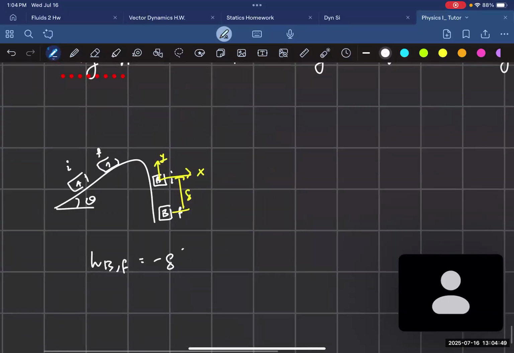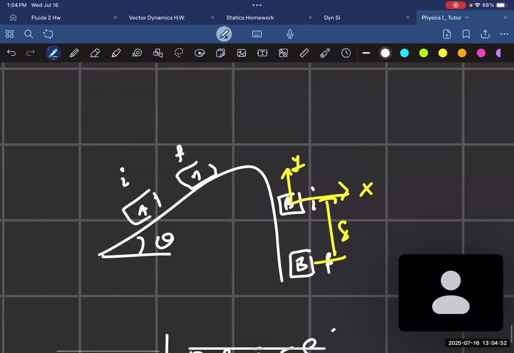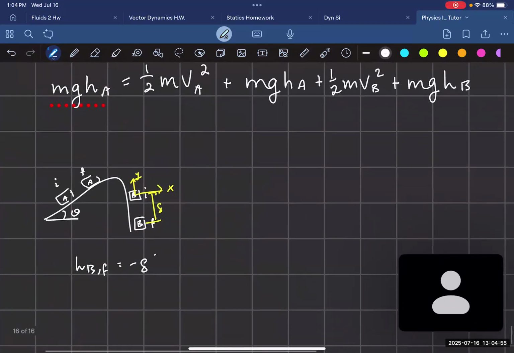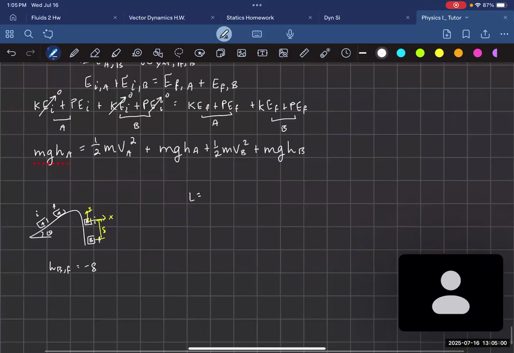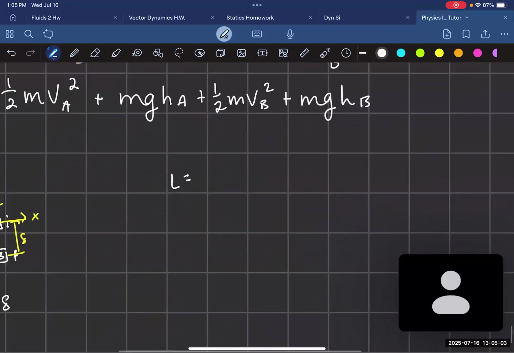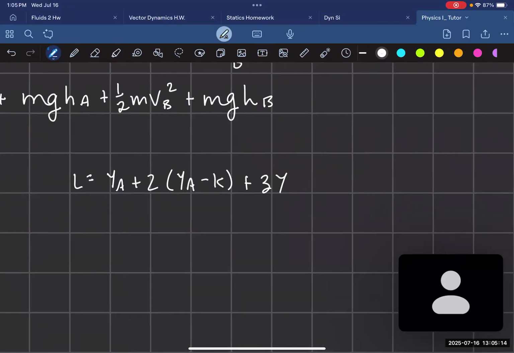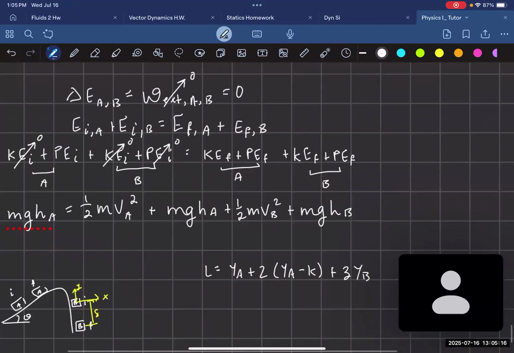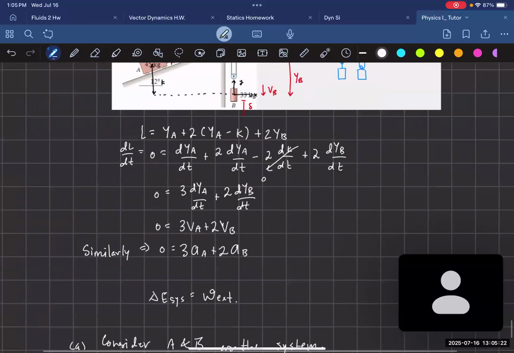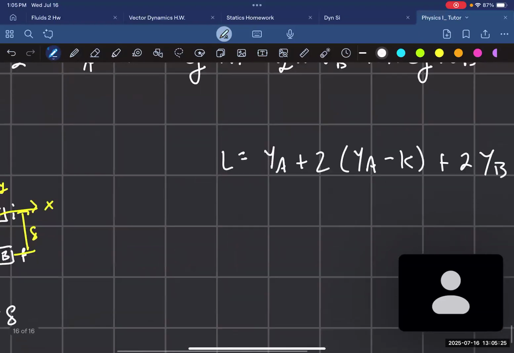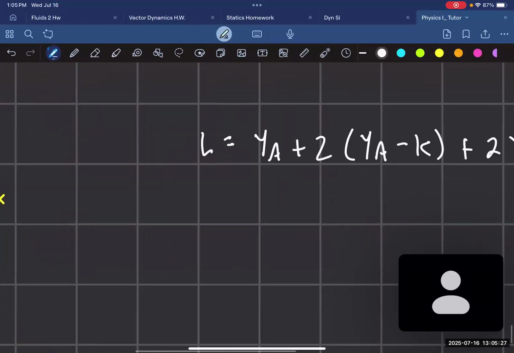For A, it gets a little more complicated, and we're going to have to look at the constraint equation. Going back, our constraint equation for the pulley is the length of the pulley is equal to y of A plus 2y of A minus k plus 2y of B, which we derived earlier. Now we're going to set initial and final states of the constraint equation.